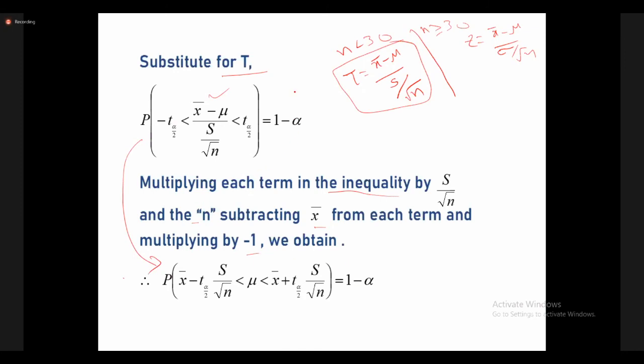In larger samples we did the same thing. Only instead of Z we'll use the T.